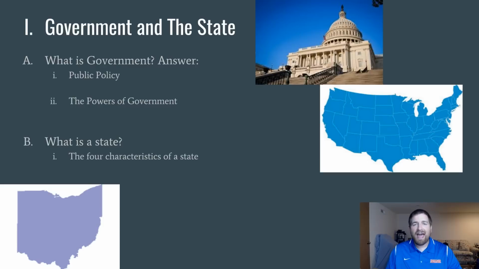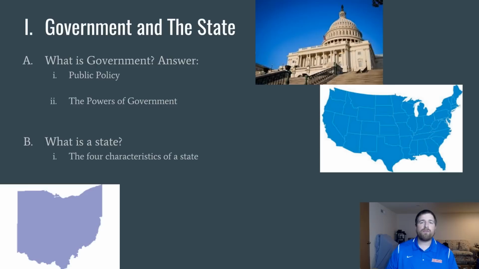So government acts and uses these three powers within what is called a state. Now, you're probably familiar with this term already as you live in the state of Ohio, but when we talk about government or political science, this idea of a state is used more broadly. So, for example, the United States is also a state. A state is just a body of people within a defined territory with the power to create and enforce laws.